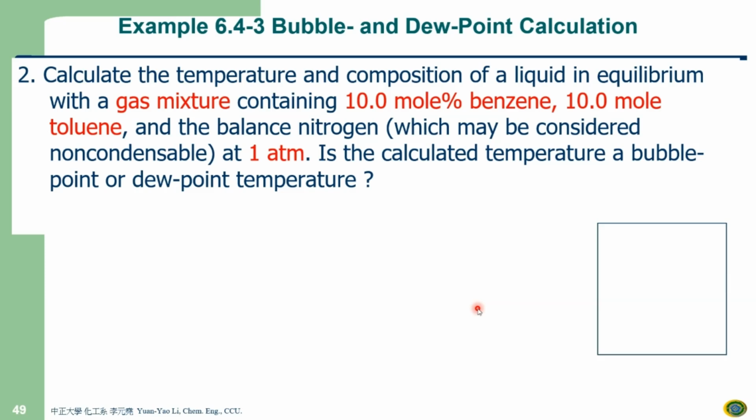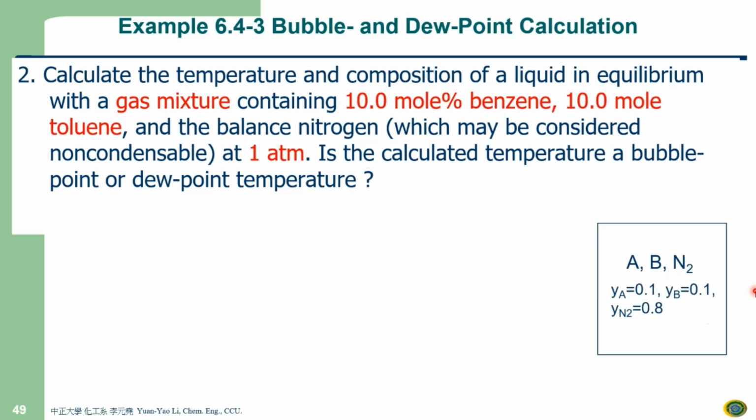So we are going to talk about dew point. Is the calculation of temperature a bubble point or dew point? Because you have composition in gas phase, of course, you want to calculate the dew point, right? So here you have A, benzene, B, toluene, mixed with nitrogen.